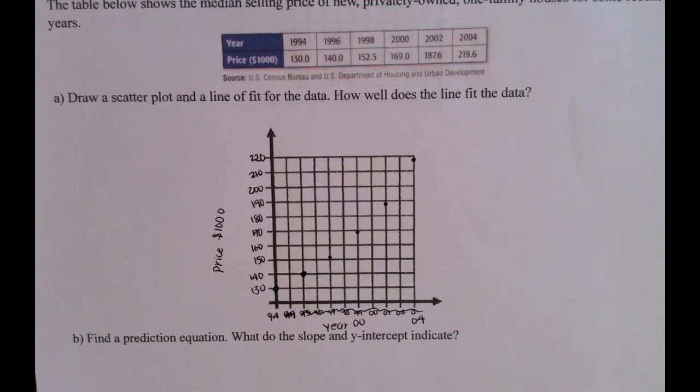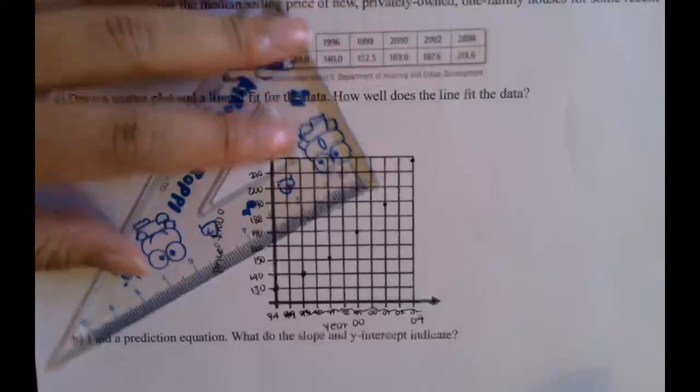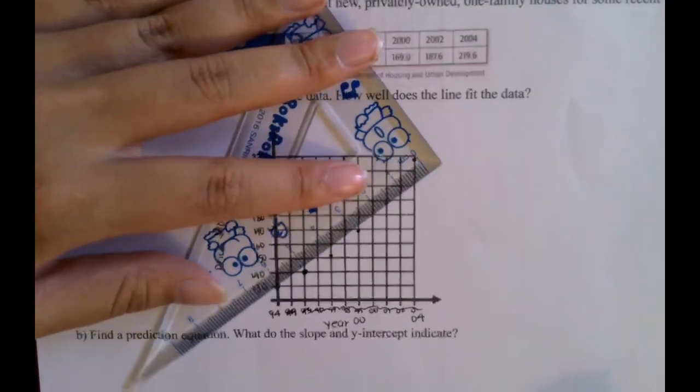Okay. The one that the book has is perfect because they used a computer to make it. Obviously, I'm not a computer, so this is as good as it's going to get. Okay. Then I'm going to draw a line of best fit. Whenever you're drawing a line of best fit, you generally want it to either hit as many dots as possible, or if not, you want to have about the same amount above as below, right?